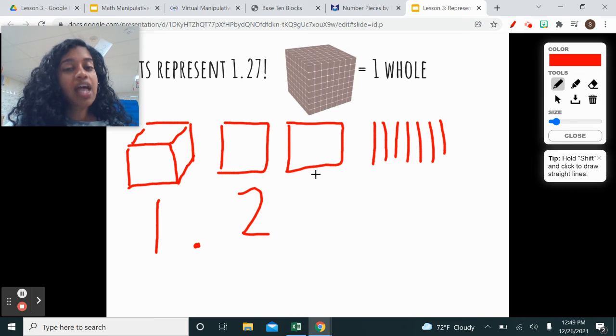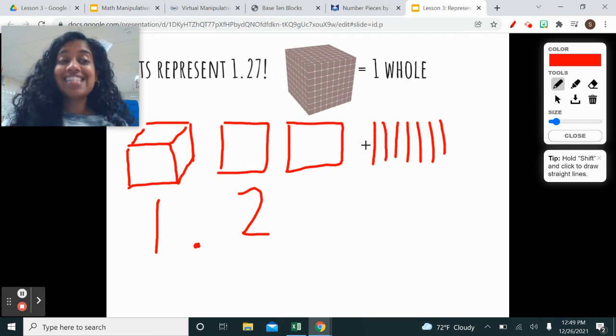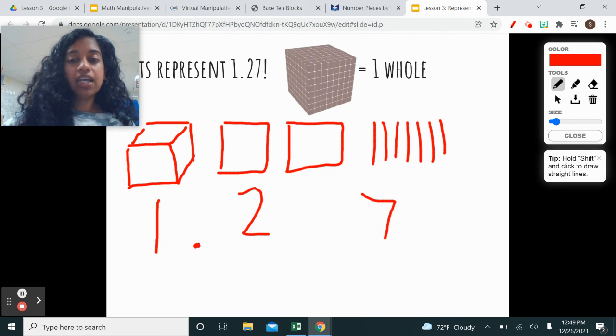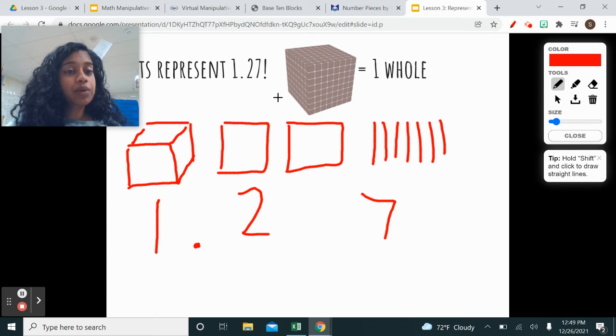We need 2 of those. Then we need to take a step further and split up my hundreds flats into 10 more pieces to figure out how many hundredths I have. So that means I'm going to have 7 of those. 7 tens rods. 1, 2, 3, 4, 5, 6, 7. So this is how we represent 1 and 27 hundredths when a cube is our whole.